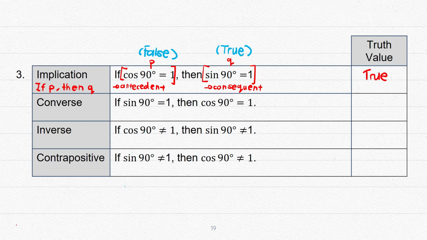Correct. Now we look at the converse. The converse is in this form: if Q then P. Sin 90 degree equal to 1 is Q, and cos 90 degree equal to 1 is P. For the converse, Q becomes the antecedent and P becomes the consequent.